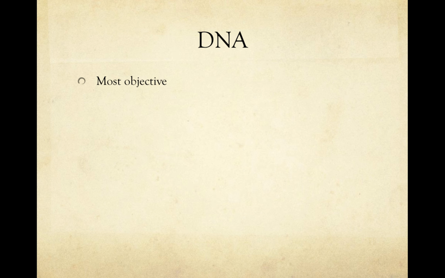When I say objective, it means if we go back to that first page when we were talking about collection, analysis, and interpretation, DNA really covers the first two, and there's very little room for interpretation with DNA as well. So it's probably the most objective evidence that we have.